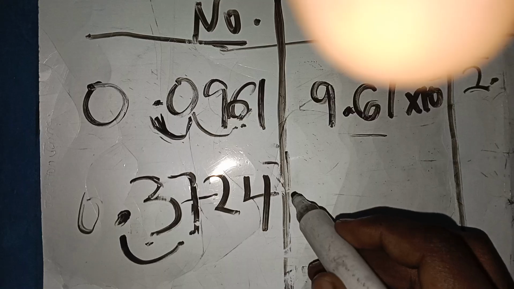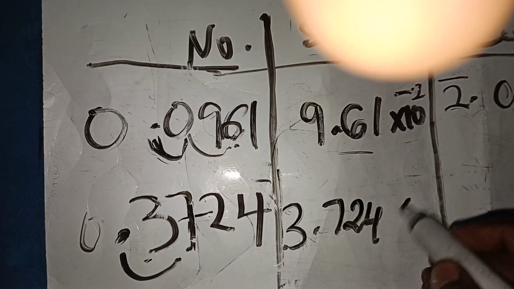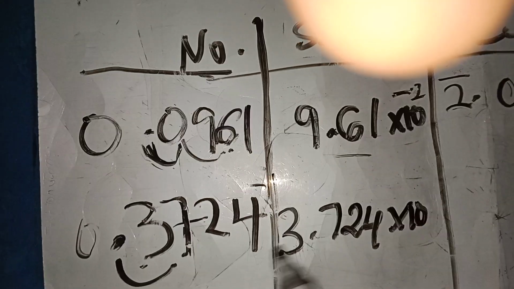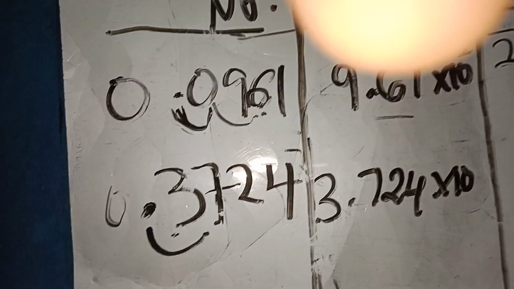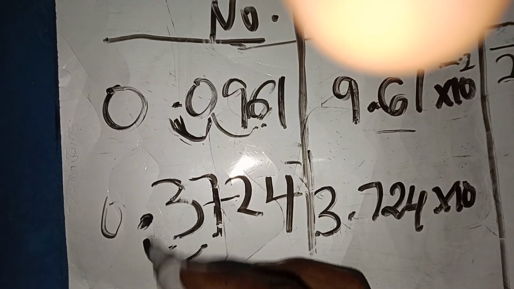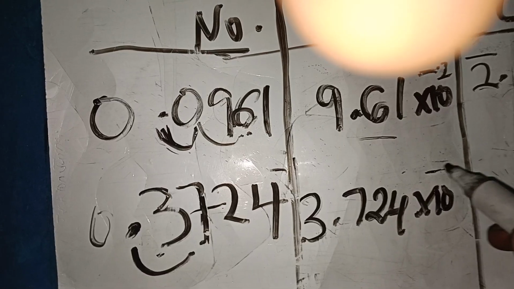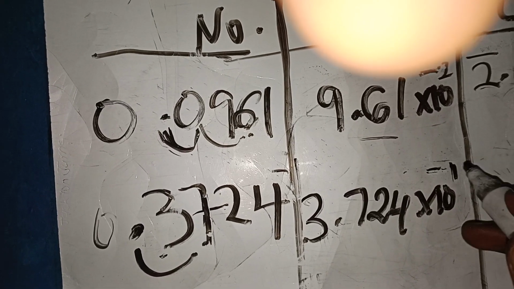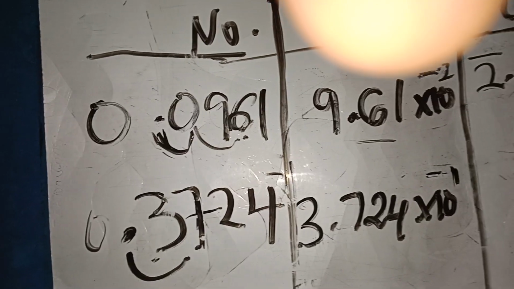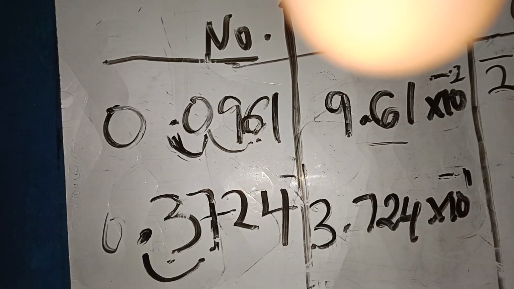So we'll put here our standard form 3.724 times 10 raised to how many times we have moved our decimal places. We go 1, once, -1. It should be at the corner, but because of space I'll put it here.